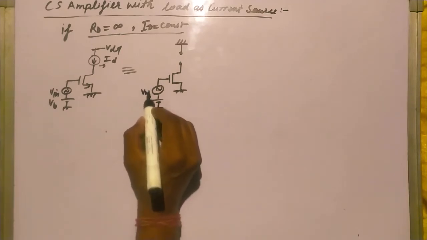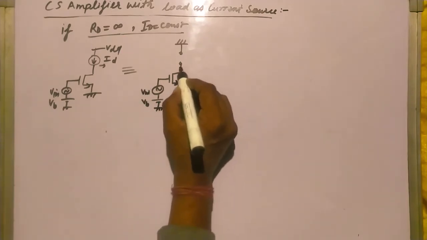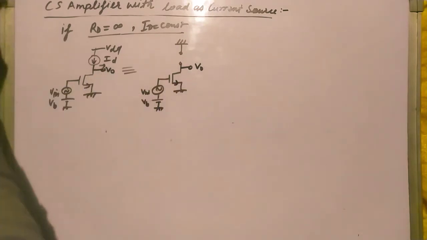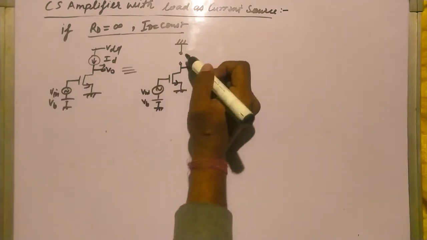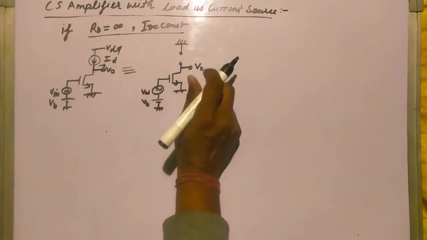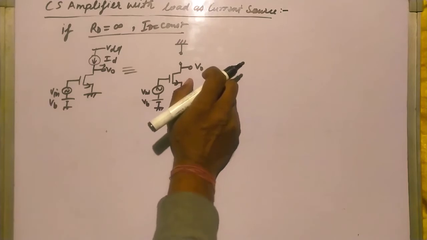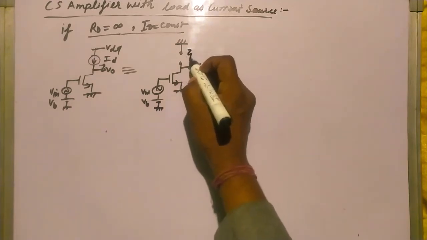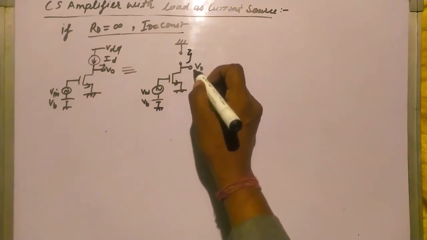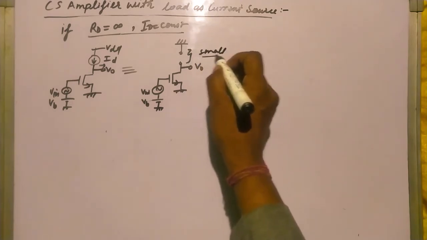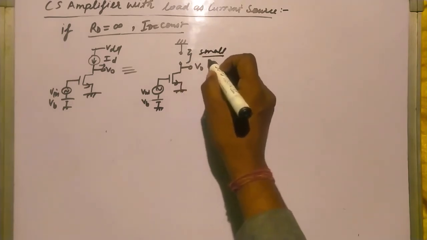This is V in, this is VB, and this is V0. Since you can see there is no flow of current, VDS will become equal to 0. So this transistor can go into triode, but it's fine, because at small signal analysis time it is getting open circuit, so it's fine.